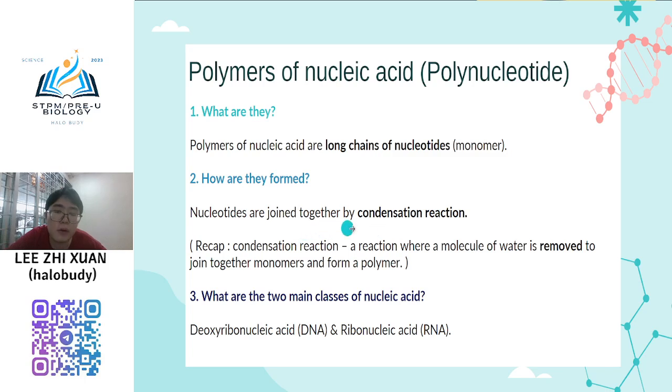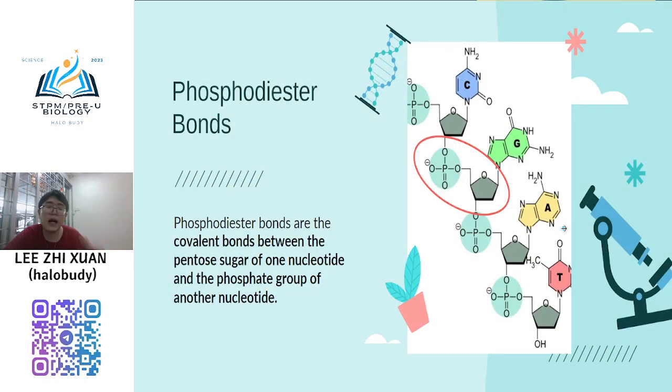So how are they formed? They are formed by condensation reaction, where one water molecule is removed. So how do they form? You can see here, this is one structure of nucleic acid, right?